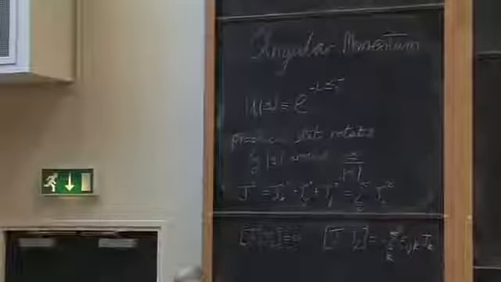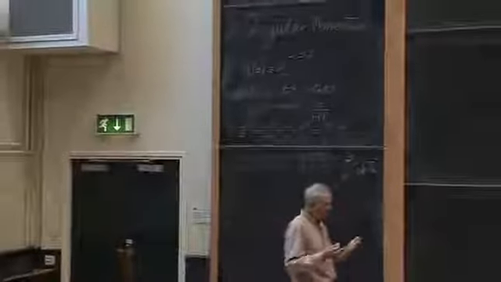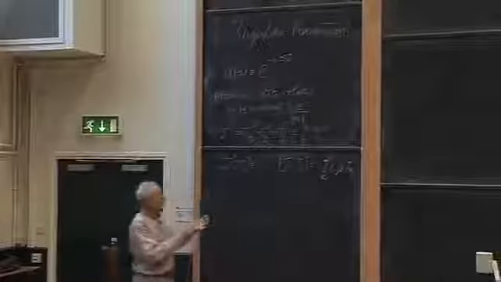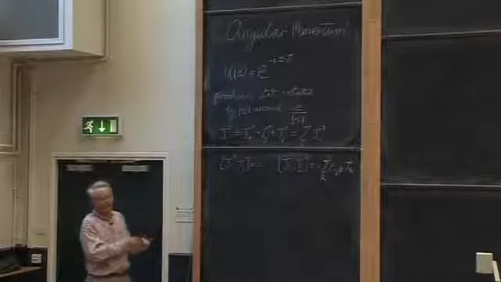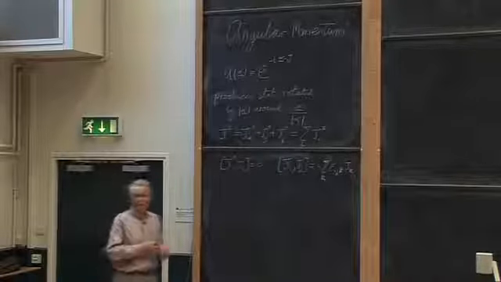So what we want to do now, so that sort of showed the existence of these things. What we have to do in the next section is find out more about these operators and the eigenstates of these operators. We need to justify the claim that these operators really are the angular momentum operators.